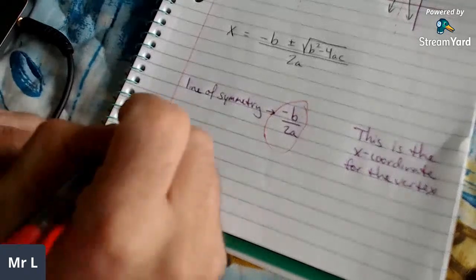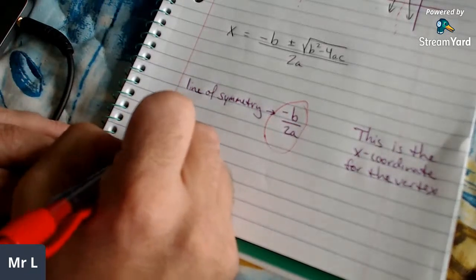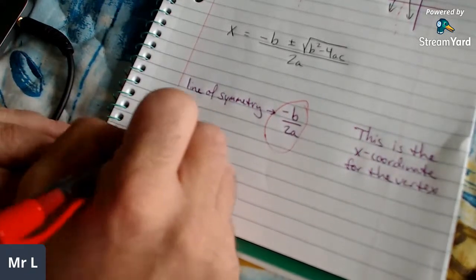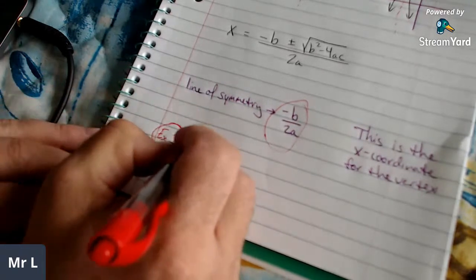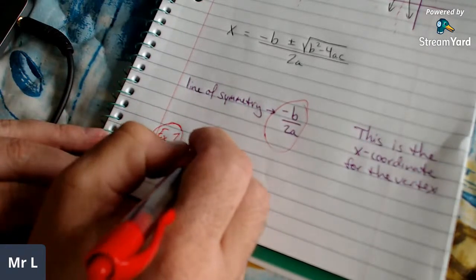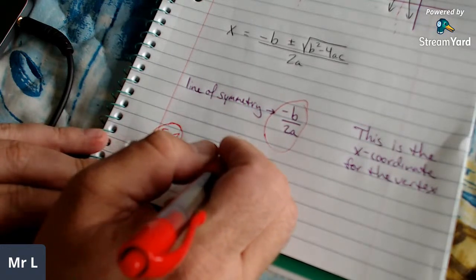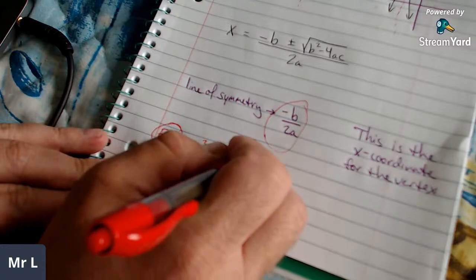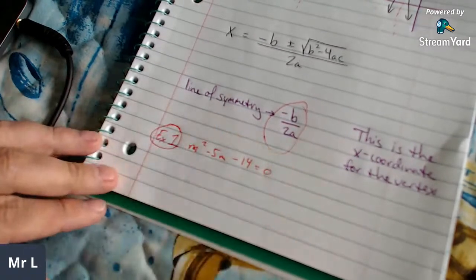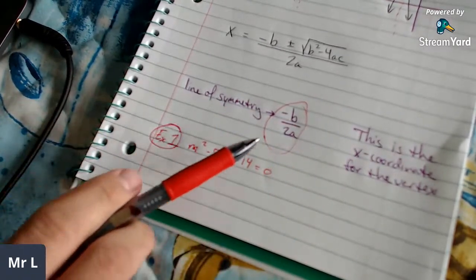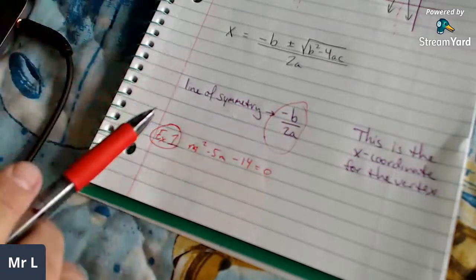I'm going to write this down over here. Problem number 1: m squared minus 5m minus 14 equals 0.